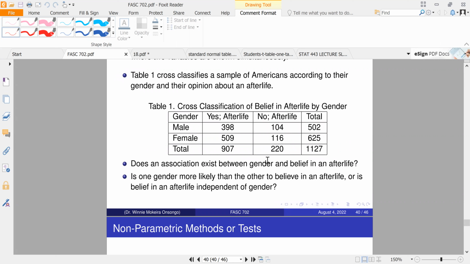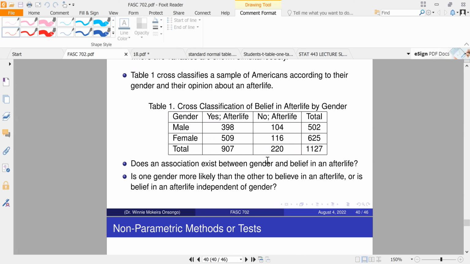These are the possible methods you can use to analyze the data. However, if you make assumptions with respect to parameter estimation, you make assumptions with respect to the distribution of the parameter and so forth, then you just have to use the parametric tests for data analysis. So it's all dependent.